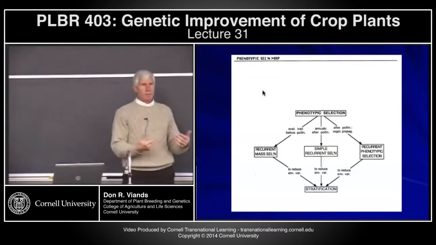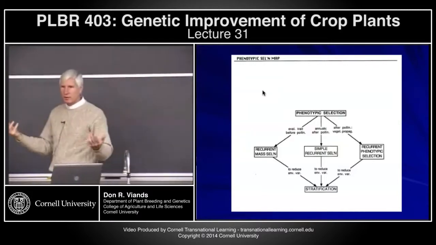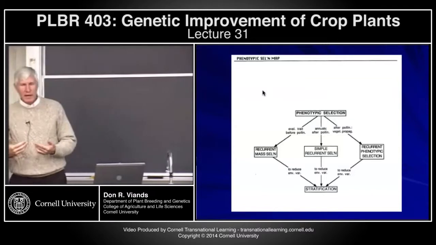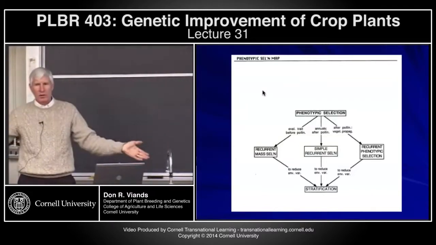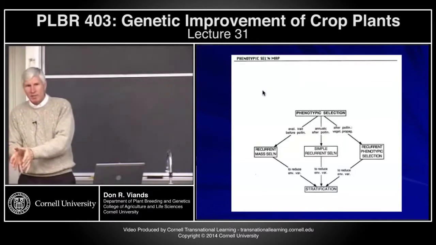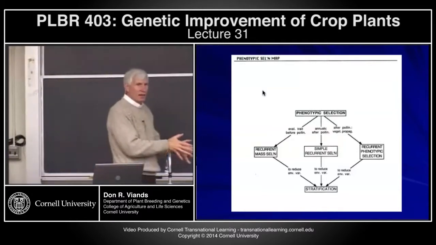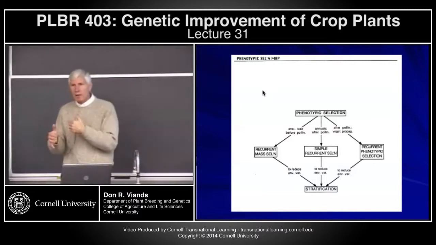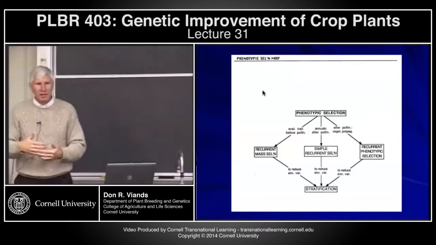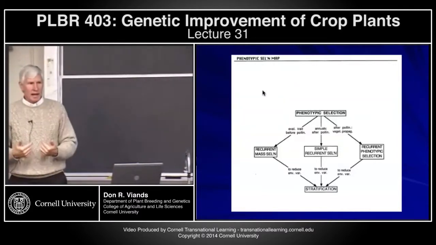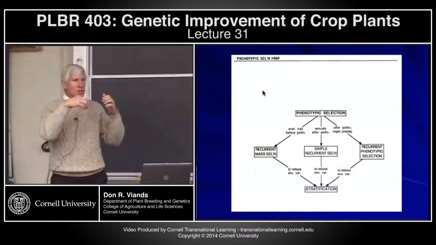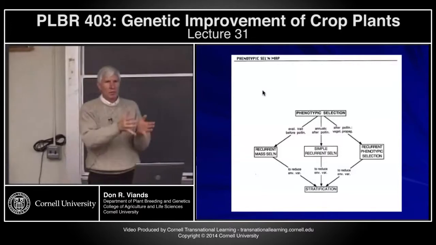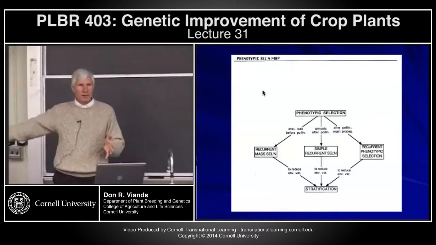So you block off your field into different grids, into several blocks, and instead of just saying I'm going to select the top 10% out of the whole field, now you say it's going to be the top 10% out of each individual block. And so the environmental variability becomes less in terms of the influence it has on your identifying the superior genotypes, because now it's just the environmental variability within a block, not over the whole field.